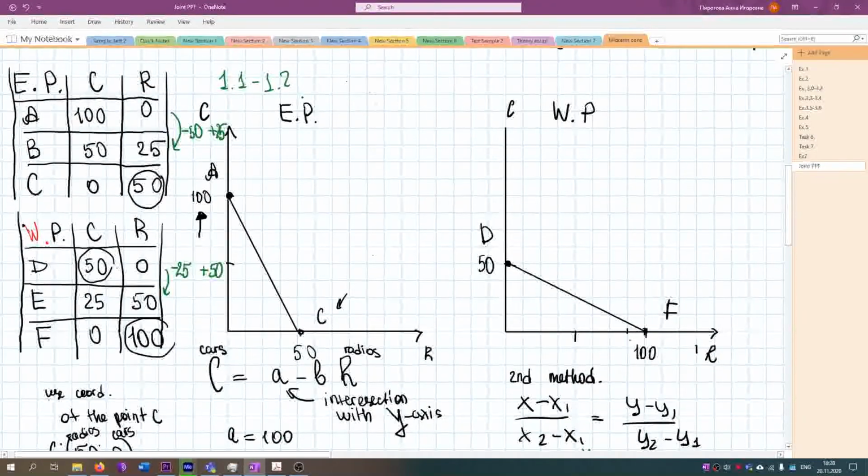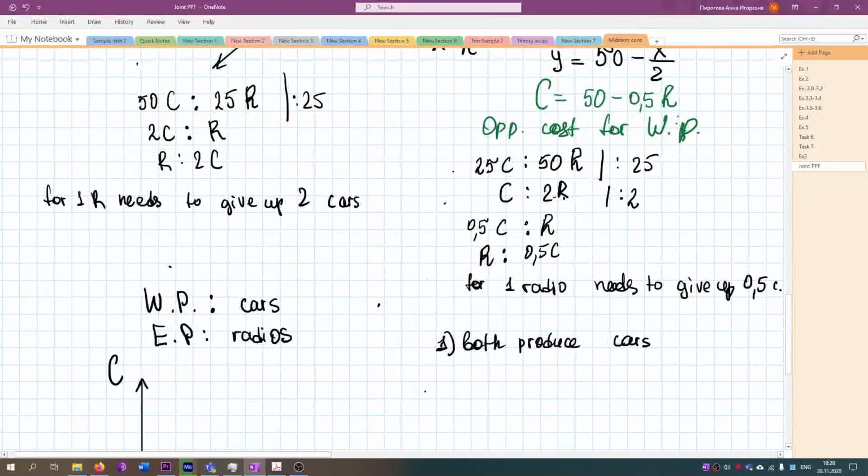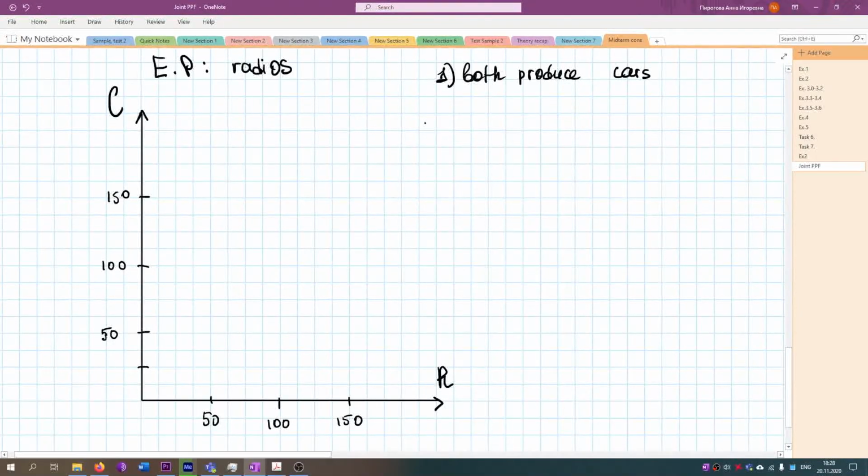So as you can see from our two graphs, we see that the first production unit can produce 100 cars if it only produces cars, and West production can produce 50. So we should sum up these two numbers, 100 and 50, and it will be our amount if both factories will work on car production.